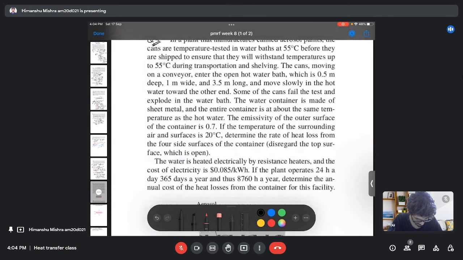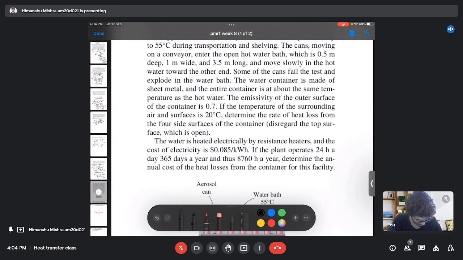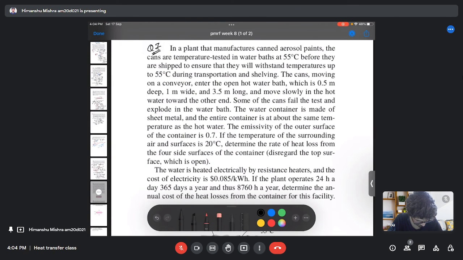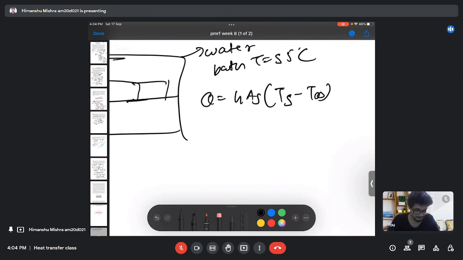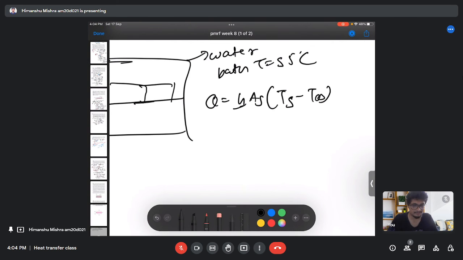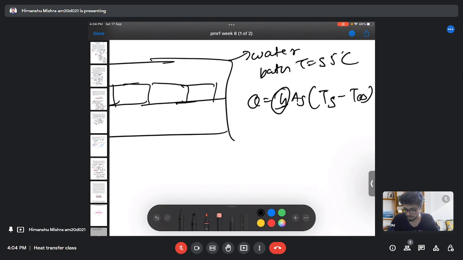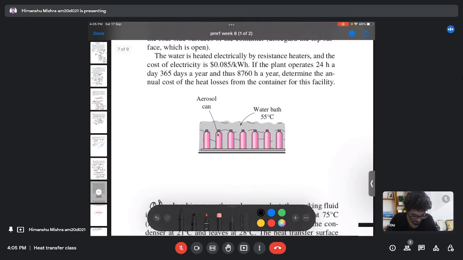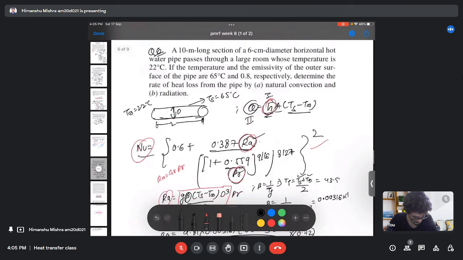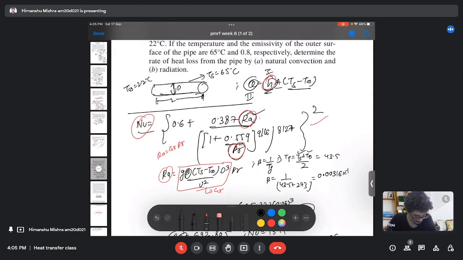The temperature of the surrounding air and surfaces is 20 degrees Celsius. To find the heat transfer rate, we need to find the heat transfer coefficient. Again, assuming that the heat transfer is due to free convection, we will be using the same Nusselt number relation that we used in the previous question.